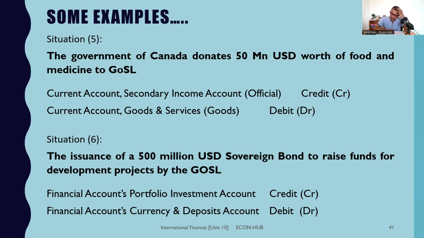So Japan is one of the major lenders to Sri Lanka. I think the third largest lender is Japan as a bilateral lender, right?